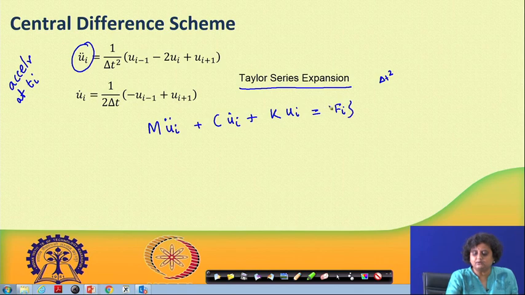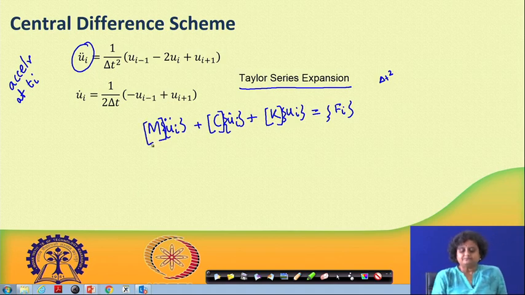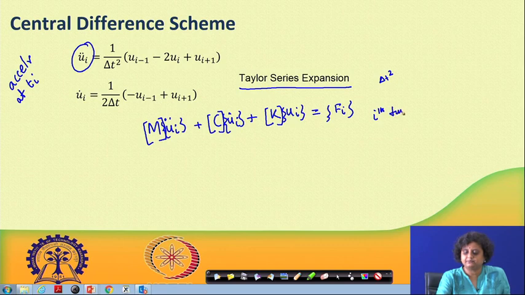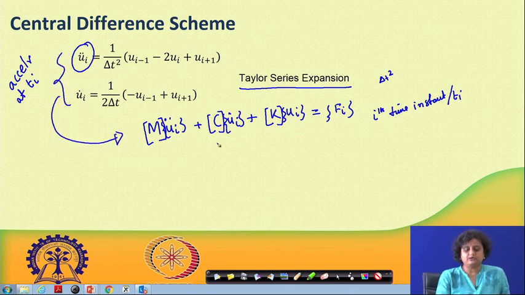These are all vectors and these are all matrices. So, this is at the ith time instant, or at t i. Now I am going to plug these two into this equation of motion.